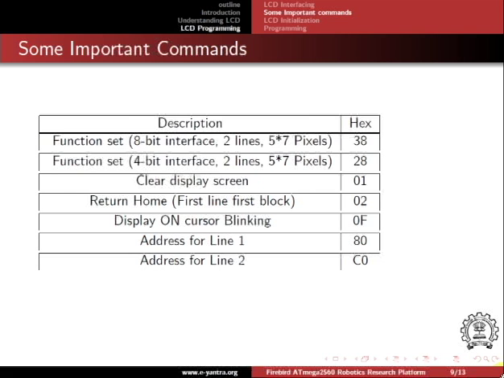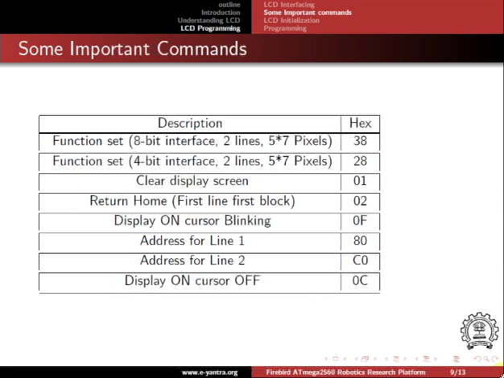Similarly, C0 is the address of the first character on the second line, and 0C is the command when you don't want a cursor to appear on the screen. So these were a few commonly used commands. You can find more such commands in the datasheet of the HD44780, which is sent to you in the folder for the Firebird robot.